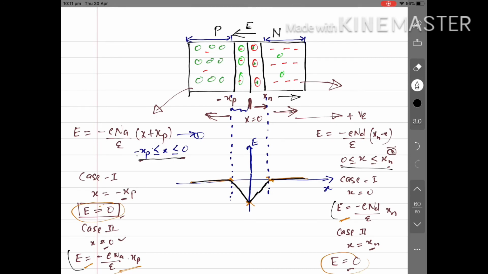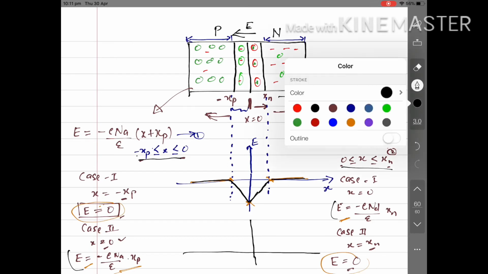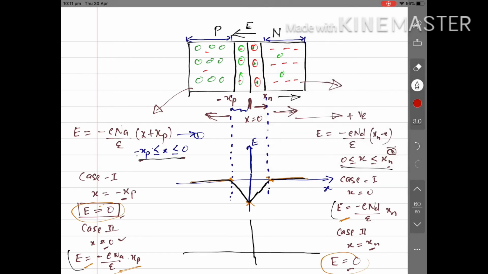So we can just flip this overall graph to get the actual graph in the same direction as the electric field. When we consider the same direction, you would get a graph something like this, the same graph, but I'm just flipping it.